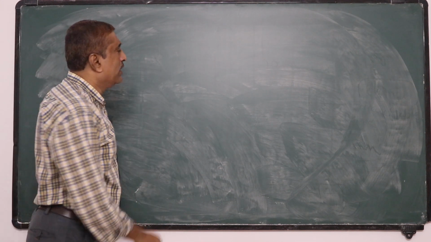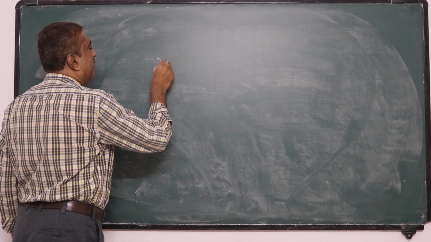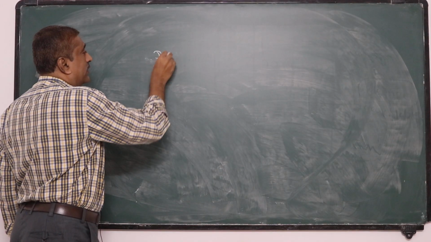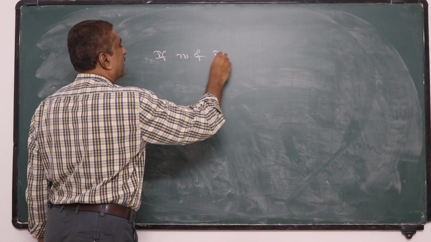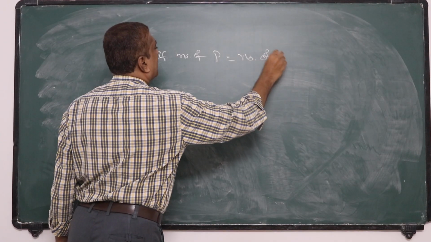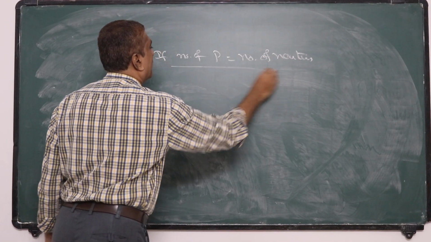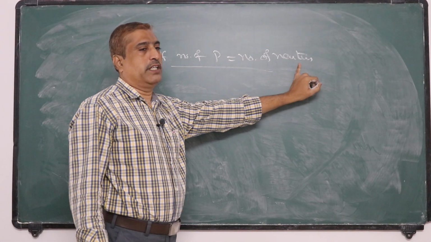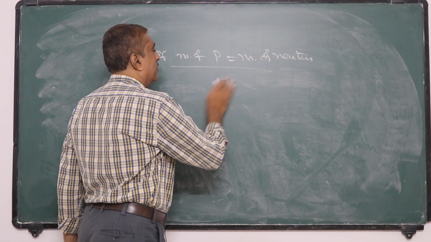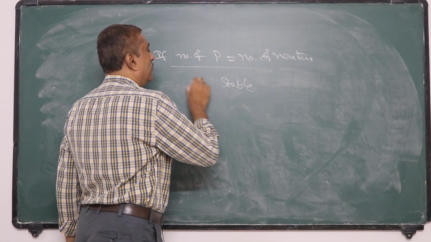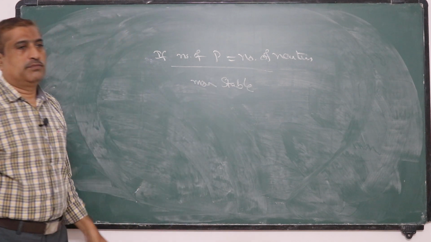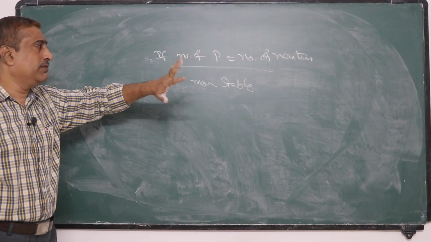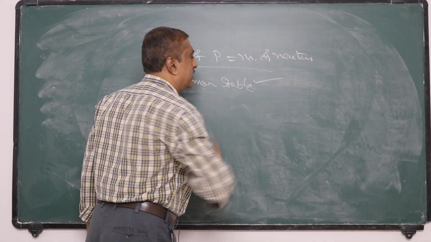According to Heisenberg, nuclear stability depends on the following. If the number of protons and number of neutrons are equal, then that particular nucleus is stable, more stable we can say. That means the proton-neutron ratio is equal to 1, the number of protons equals the number of neutrons, then that particular nucleus is more stable.